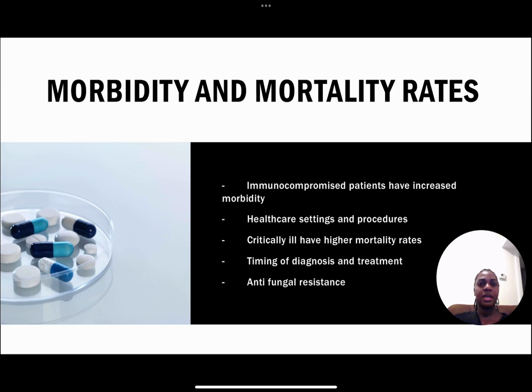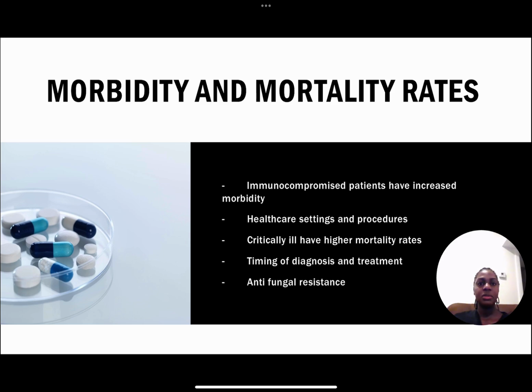In healthcare settings, invasive procedures, prolonged hospital stay, and the use of central venous catheters can increase the risk of developing Candida albicans infection, particularly in the intensive care unit (ICU) setting.